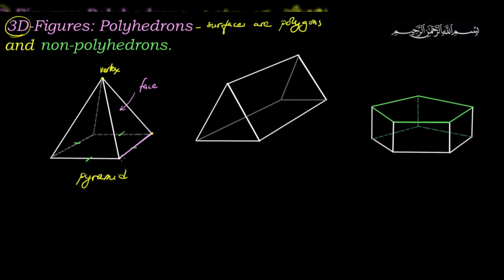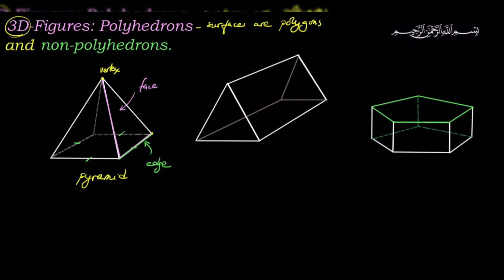So right here, that's an edge. So we have faces, pointed ends called vertices, and edges. Polyhedrons have vertices, faces, and edges.